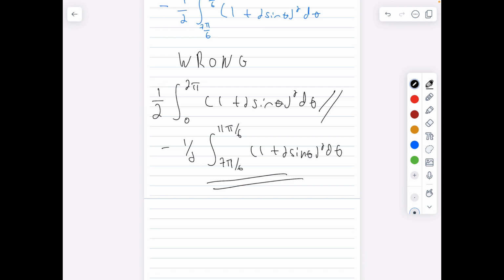A lot of the time it's because people don't realize how the graph is traced out, and because of that you're adding more things here. So just be aware, when you're graphing and trying to set up an integral, that you could often count things twice if you're not careful.